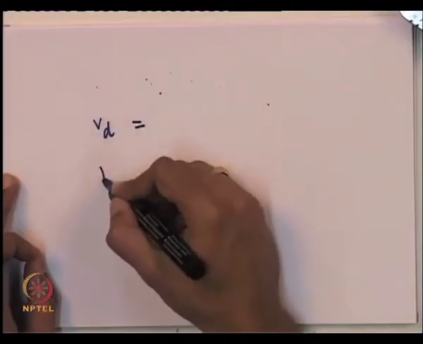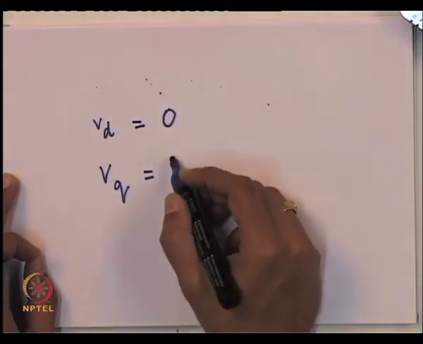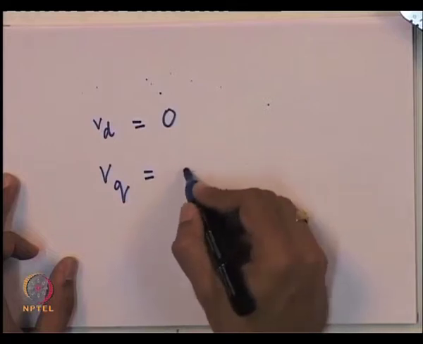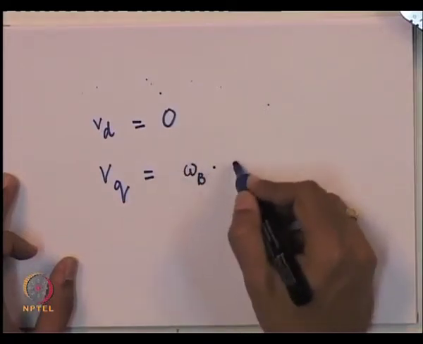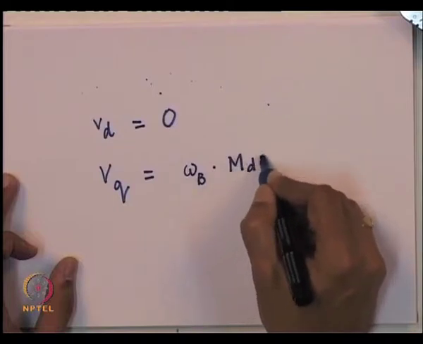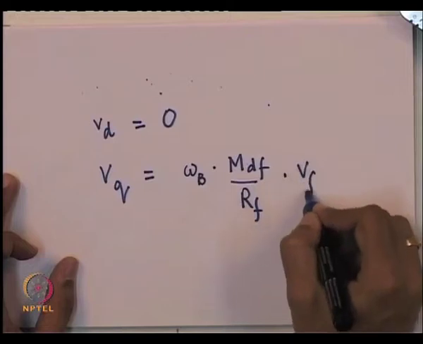In fact, we found that VD is equal to 0 and VQ turns out to be omega, which is omega B in this case, into MDF by RF into VF.